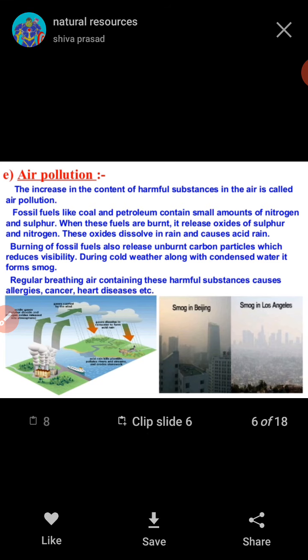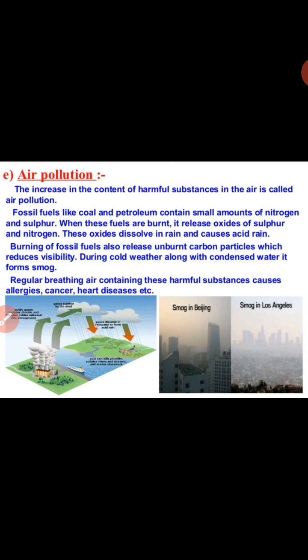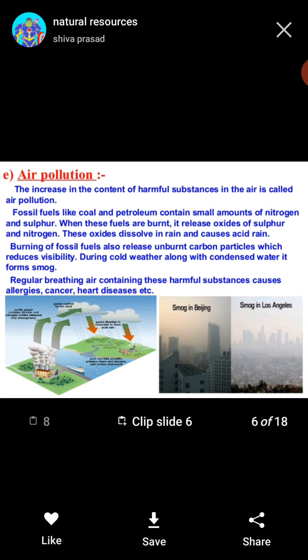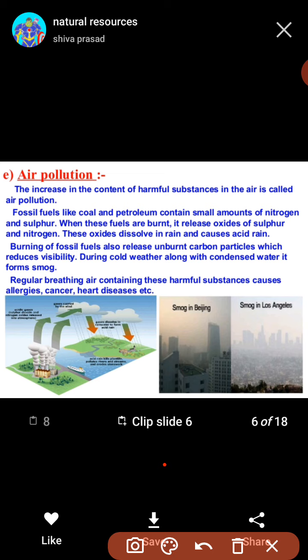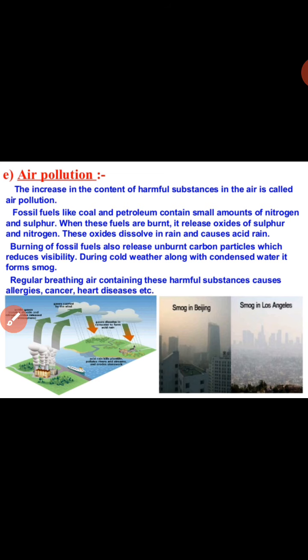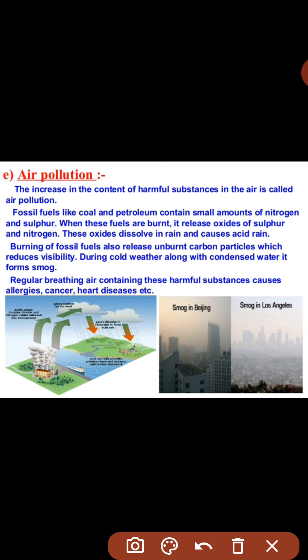Now the next topic is air pollution, and how the air is polluted on the earth. The increase in the content of harmful substances in the air is called air pollution. Here you can see the definition of air pollution: when the content of harmful substances in the air is increased.